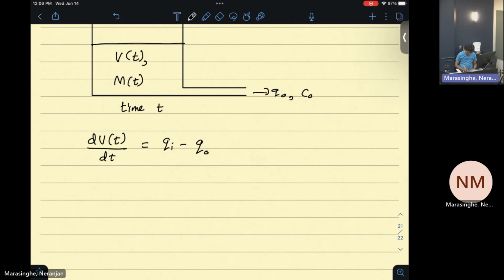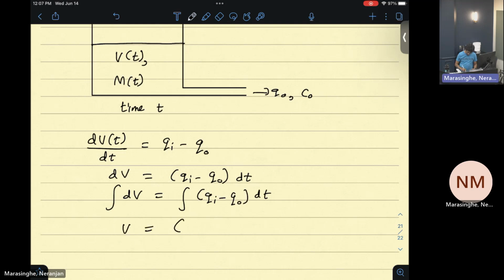So how do I do that? dV is equal to Qi minus Q naught times dt. I would integrate both sides. So I would get V equals Qi minus Q naught t plus C. Then I would plug in the initial condition.